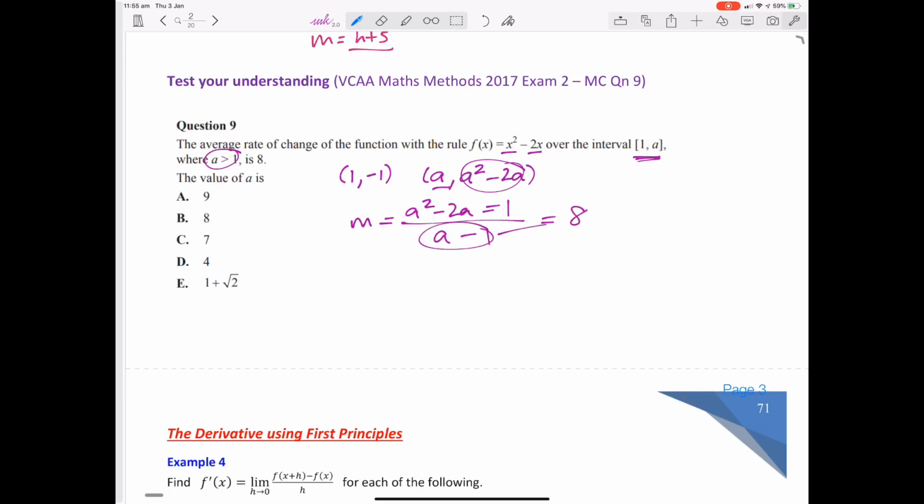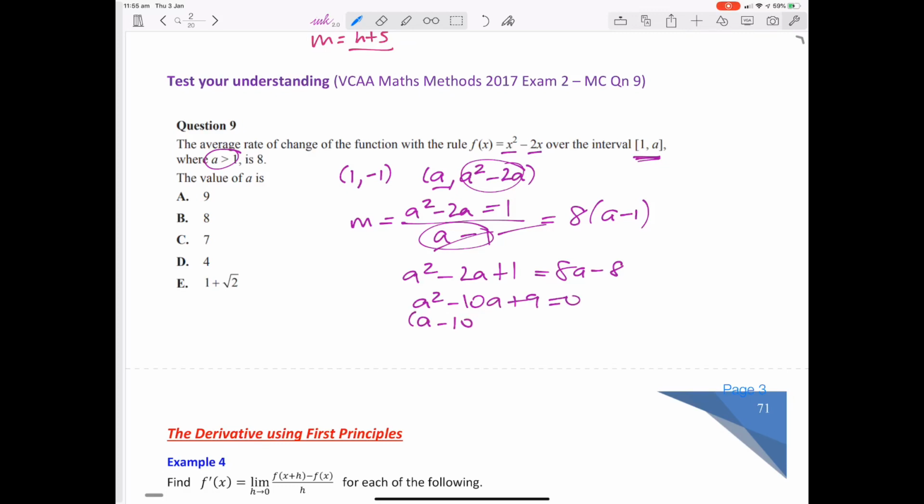Multiply this across, so we get a squared minus 2a plus 1 is equal to 8 times a minus 1, which is 8a minus 8. Okay, so we get a squared minus 10a plus 9 is equal to 0.